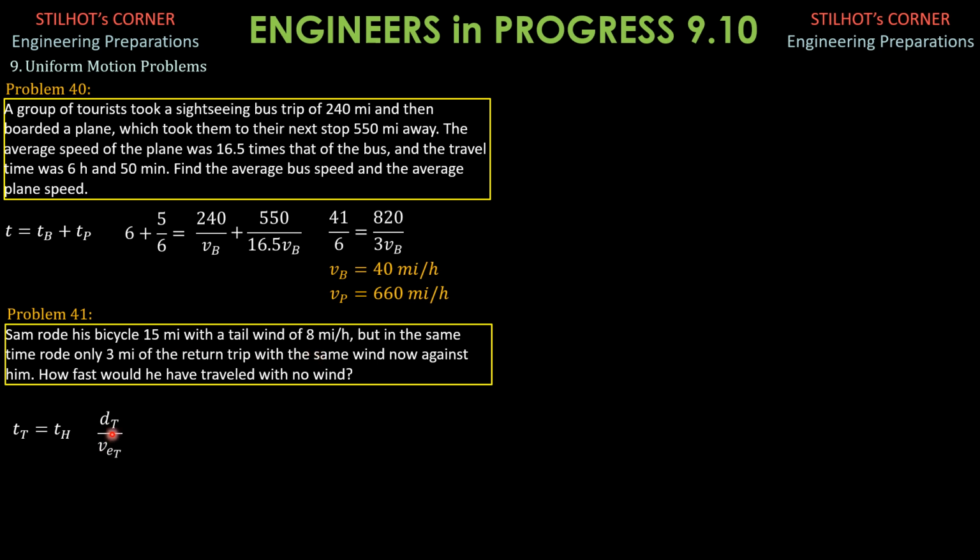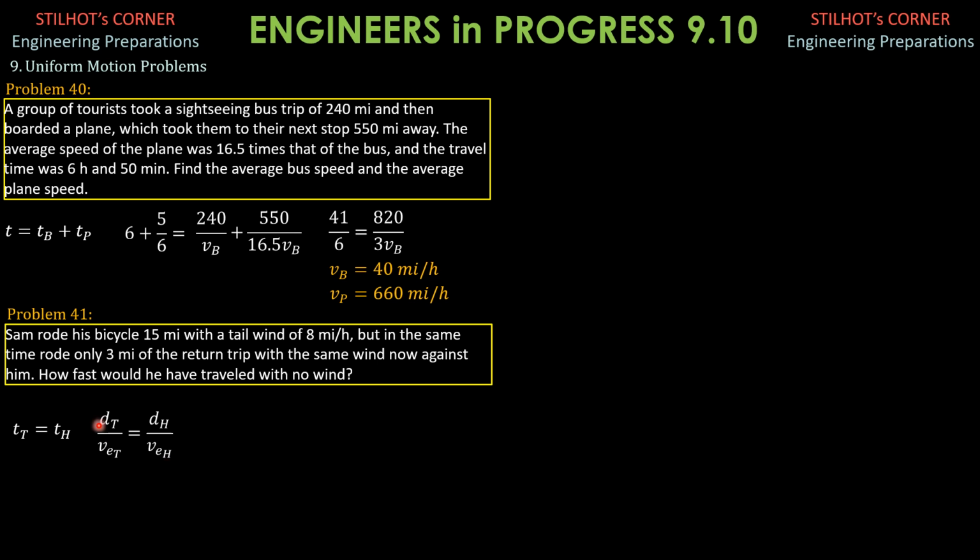So time with the tailwind is distance traveled with the tailwind over effective speed with the tailwind, equals time with the headwind, which is distance traveled with the headwind over effective speed with the headwind.